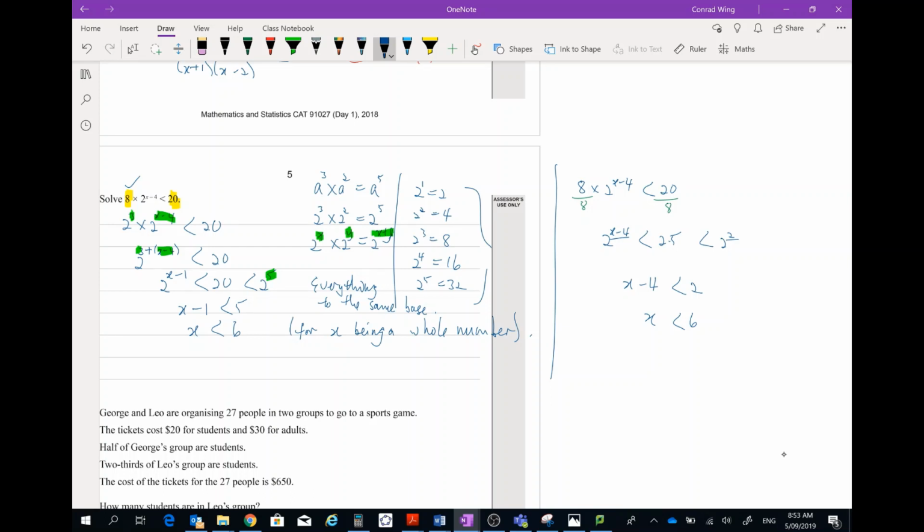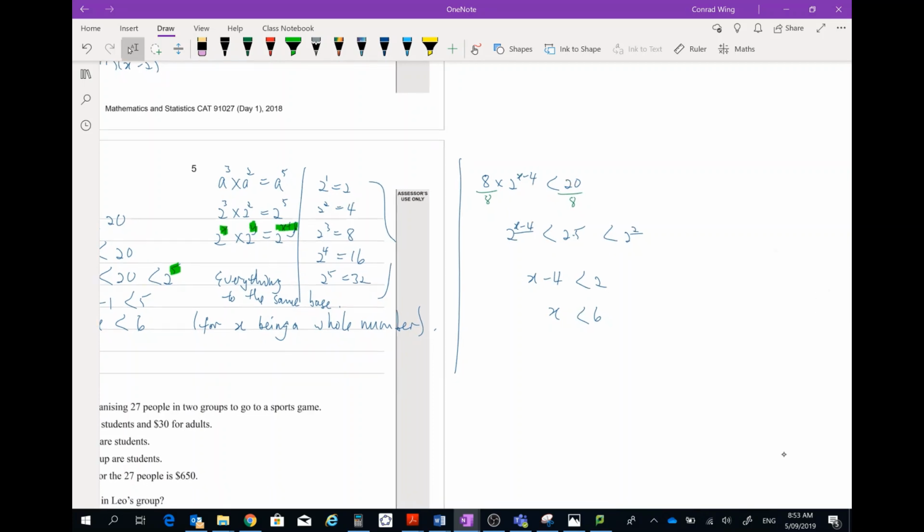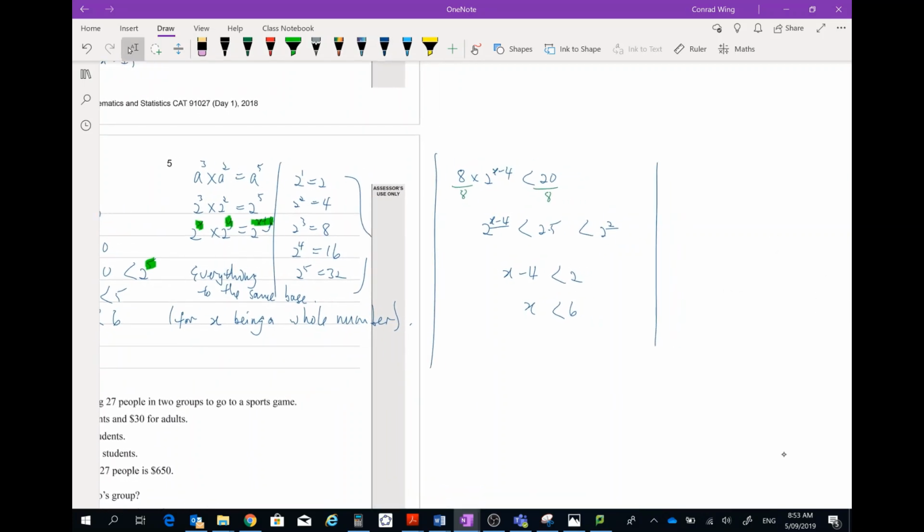George, how would you work out whether that's less than or equal to? George is asking this, alright, and if you look at their solutions, they also allow this. I don't like it as much. When we get to this stage, 2 to the x minus 4 is less than 2.5, right? If I look at just 2 to the power of 1, we know that's less than 2.5, don't we?